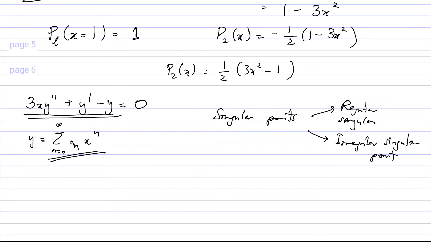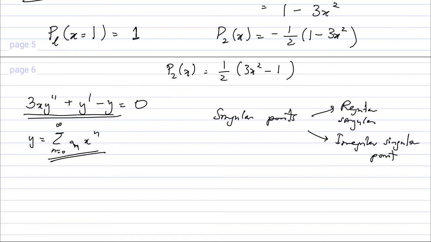If you have a regular singular point, that means you have a singular point, but it's still manageable. You can still find a solution about that point. But if you have an irregular singular point, then you basically throw up your hands and try it and hope for the best. It's probably not going to work.